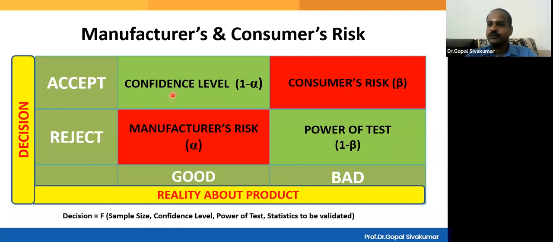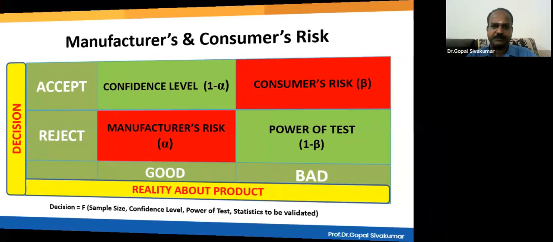That confidence level is another important variable, and then power of test is another important variable, and then the difference in the statistics you want to validate. So these four actually trigger the decision, right? And particularly this last factor will be very much applicable to hypothesis testing. We will be understanding it in the subsequent slide.